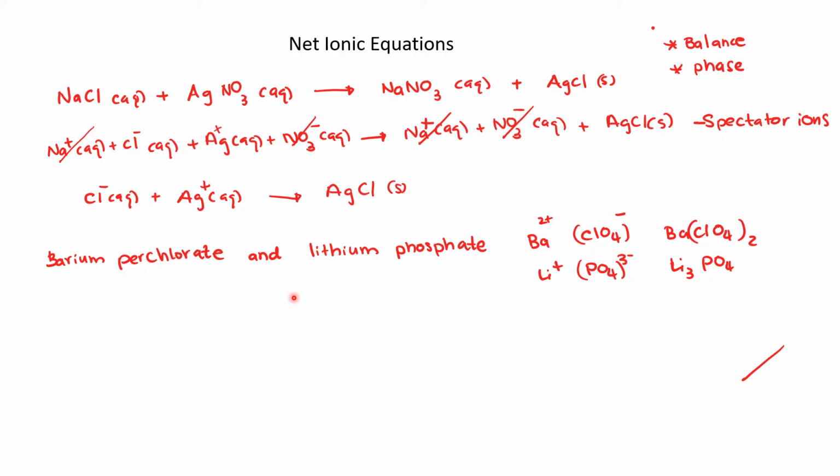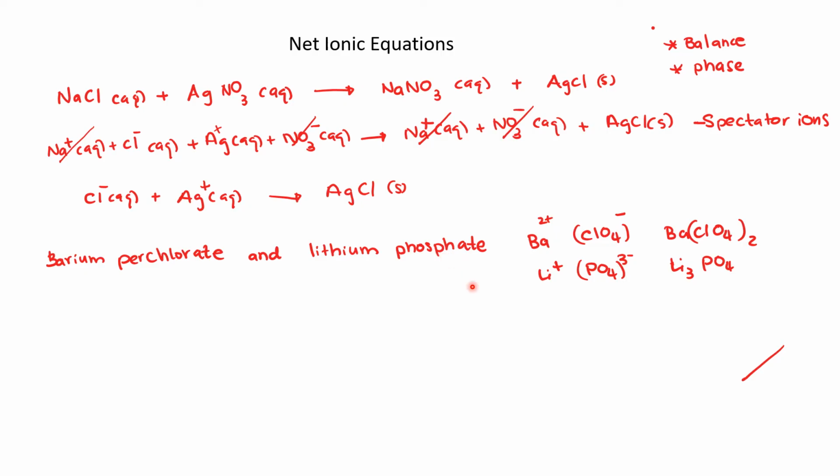Let's do another example. It says barium perchlorate and lithium phosphate. First we are going to write the chemical compounds. Barium 2 plus, chlorate 1 minus, and if you do the crossover method, we end up with the compound formula as this.